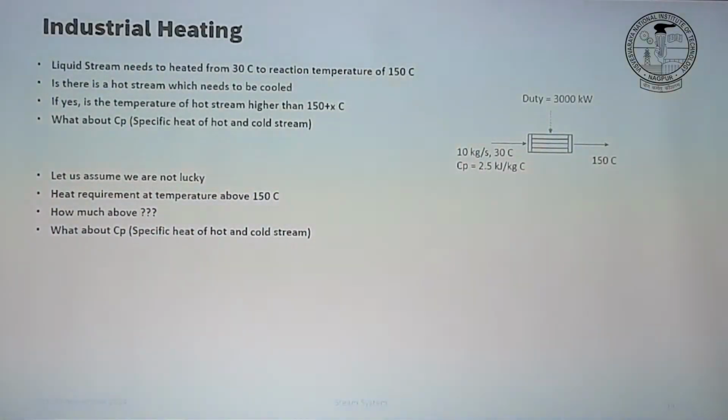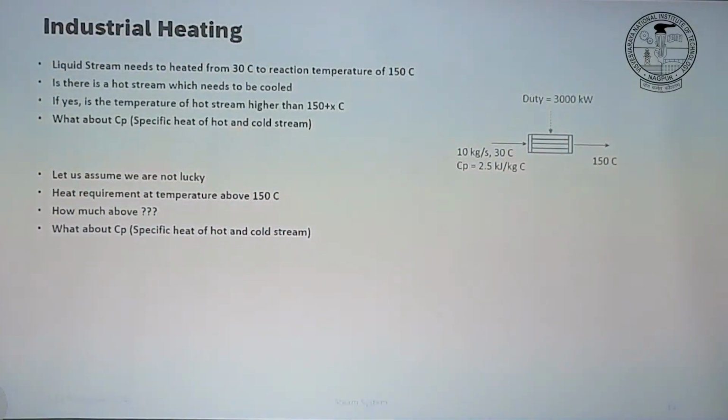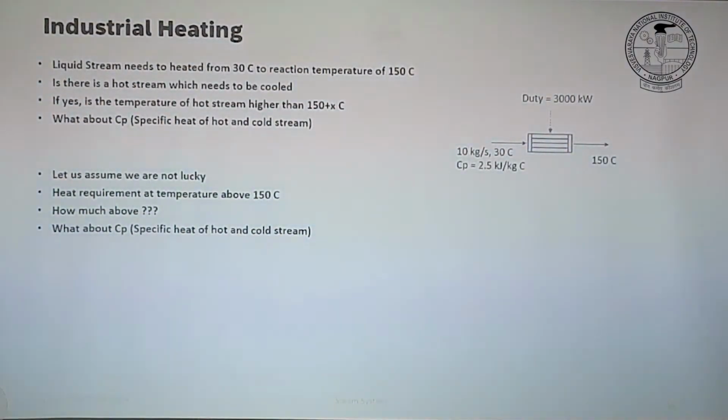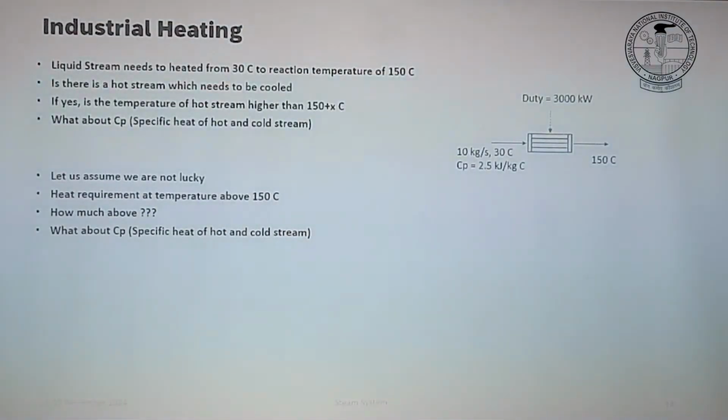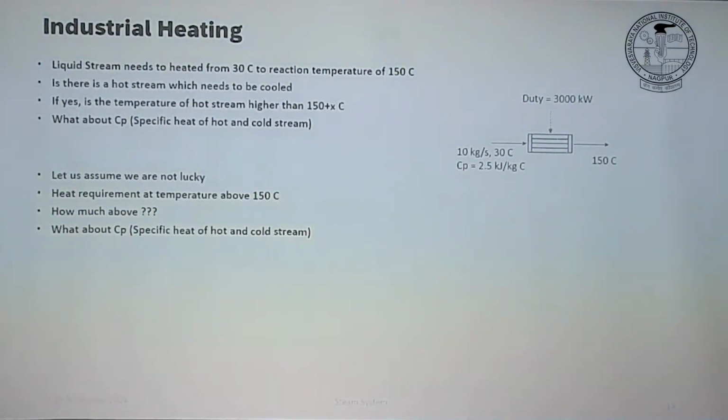Rate is like driving force divided by resistance. So if you have a lower temperature difference, your driving force is low, that means your heat transfer rate is low, and you need a lot of heat transfer area.